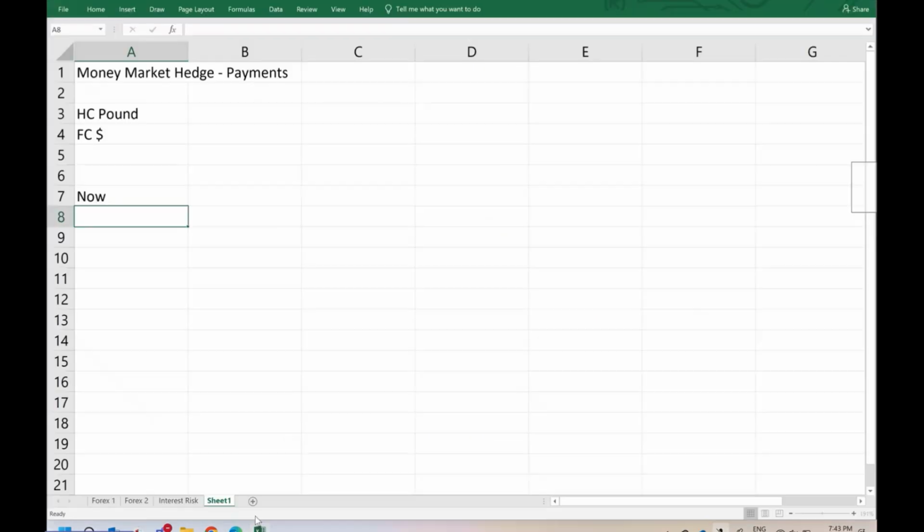So always remember, in payment case, we always borrow in our home currency and then we deposit in our foreign currency. That's always the case.